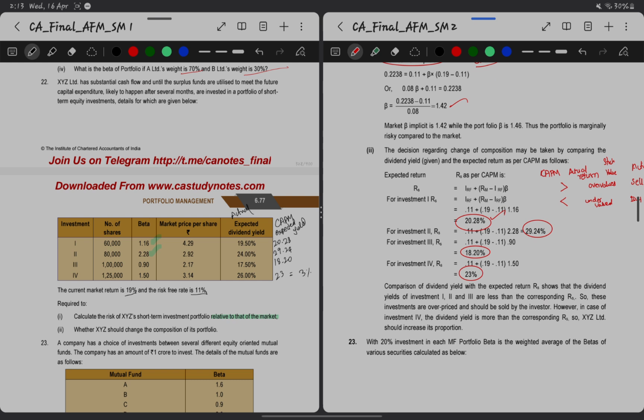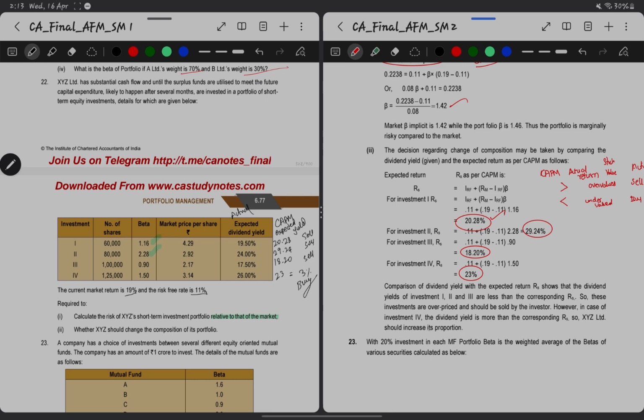Now based on this comparison, as we can see, in the first three cases it will be to sell, sell and then sell, and in the fourth case it will be to buy. So the comparison of dividend yield with the expected return shows that the dividend yields of investments 1, 2 and 3 are less than the corresponding returns.